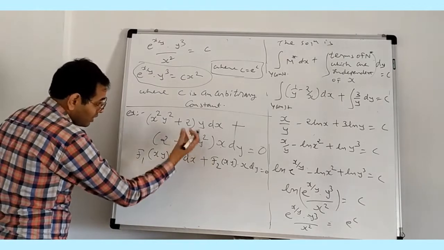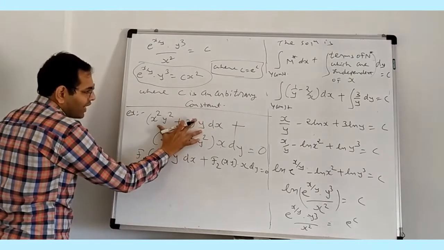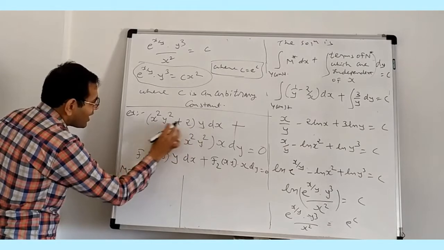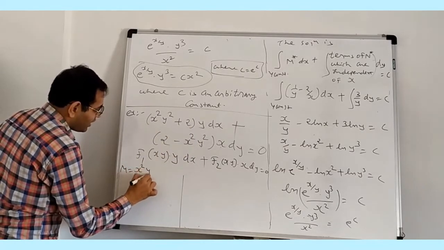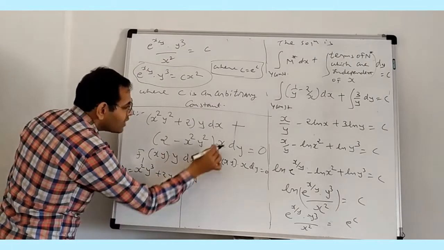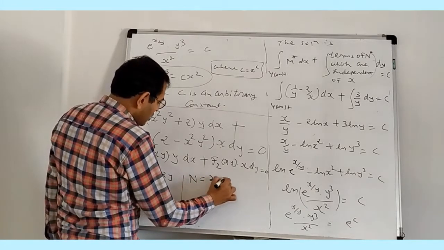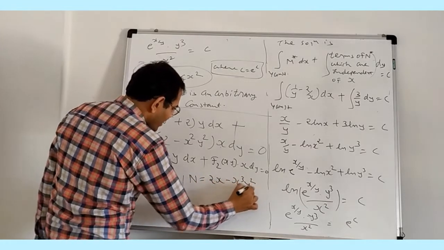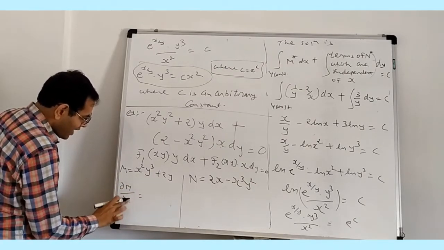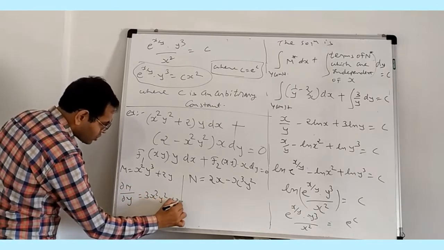First we check whether the differential equation is exact or not. That term is indicated by M. M equals y goes inside the brackets, y cube plus 2y. Here x goes inside the brackets, N is 2x minus x cube y square. Then the partial derivative of N with respect to x gives 2 minus 3x square y square, and the partial derivative of M with respect to y gives 3x square y square plus 2.